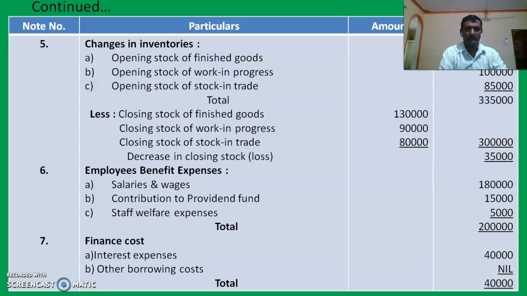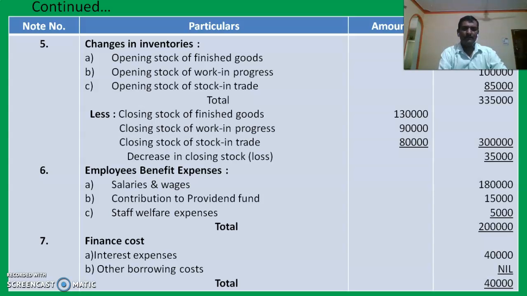Likewise, we have the employee benefit expenses. Under employee benefit expenses, the information is given in the problem at the left hand side as salaries and wages, contribution to provident fund, and staff welfare expenses. We make the total of all these and take it under the expenses head of the statement of profit and loss.